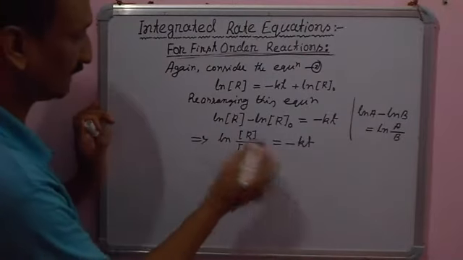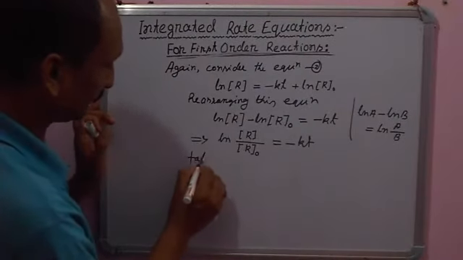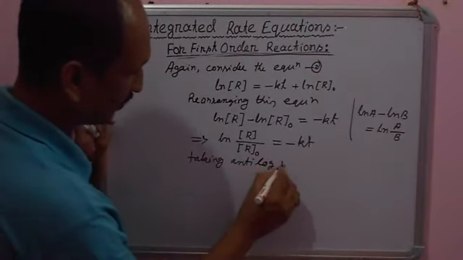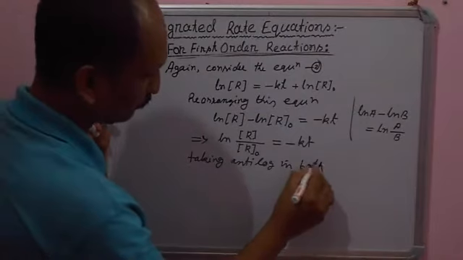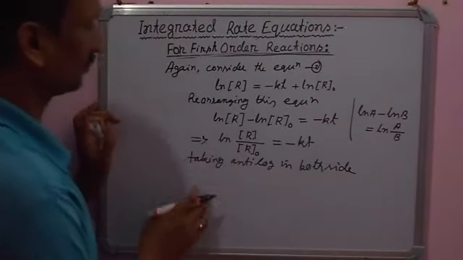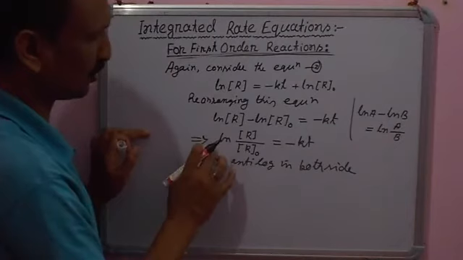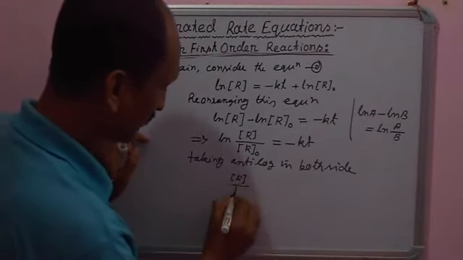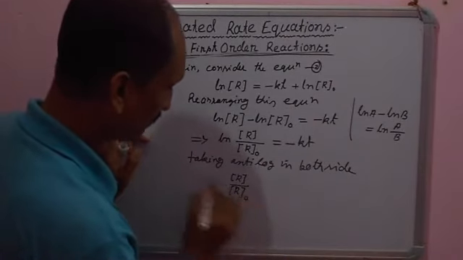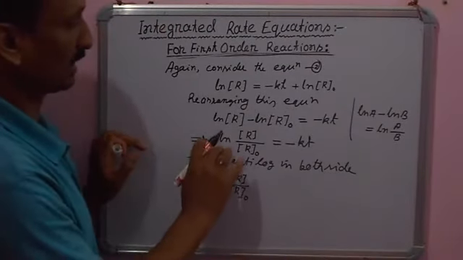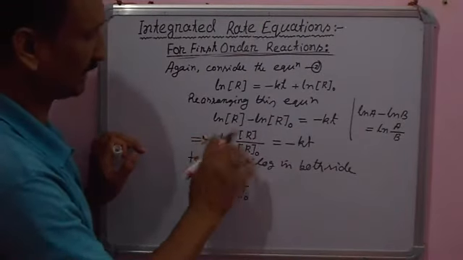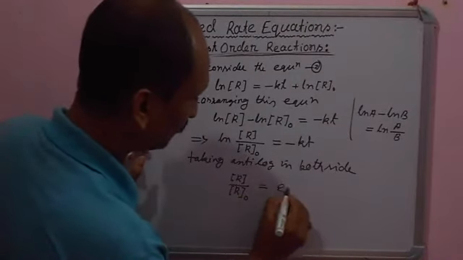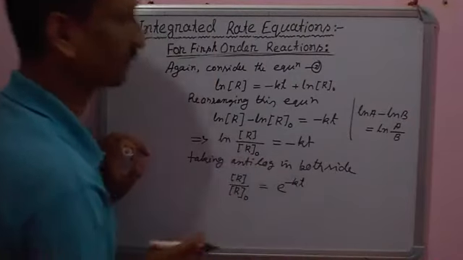Now if you take antilog in both sides, the antilog of ln of R by R naught becomes R by R naught. Antilog ln of x is equal to x. So it becomes R by R naught, which will be equal to e to the power minus kt.